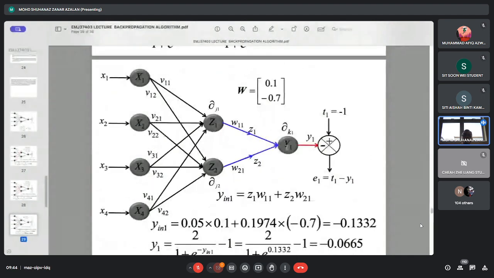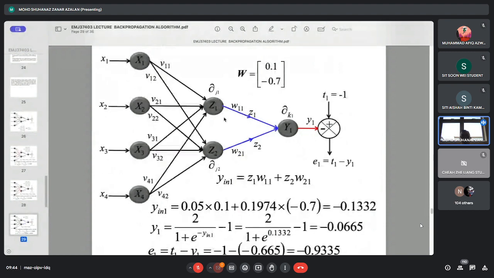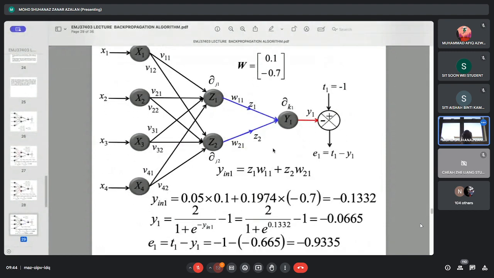And then from the hidden layer, we want to calculate the output value from the output layer, Y1. Again, same concept, same method. We have the weightage times the input from Z1, times the weightage W11, plus W21 times Z2.